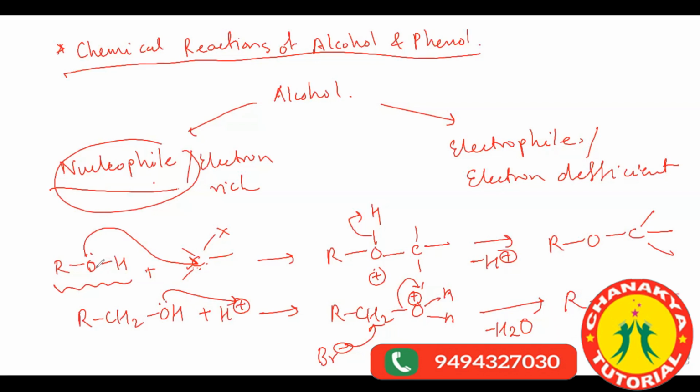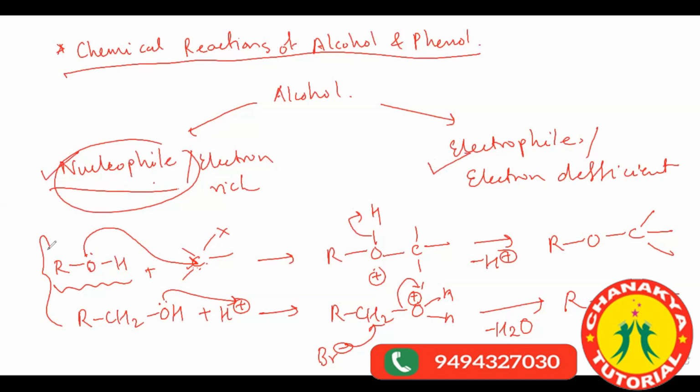So based on the cleavage, when it acts as a nucleophile, what happens? Your OH bond is cleaved, and in certain reactions, your carbon and oxygen bond will break. Based on the cleavage of the OH and CO bond, the reactions of alcohol and phenols may be divided into 2 groups. These are the 2 different reactions of alcohol when it acts as a nucleophile and when it acts as an electrophile.